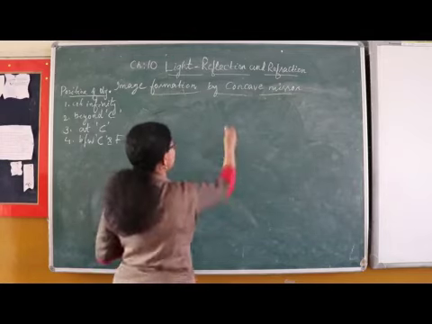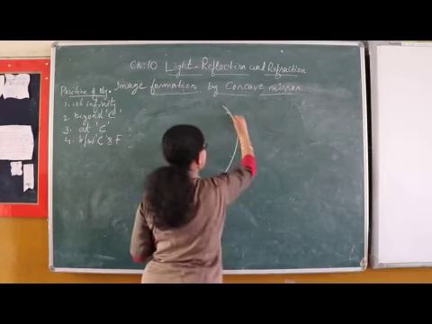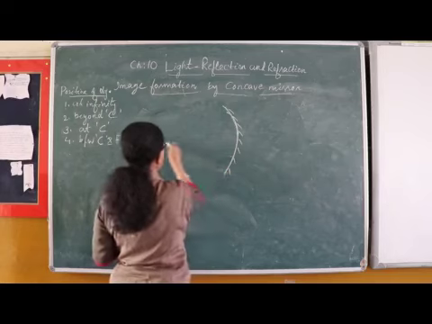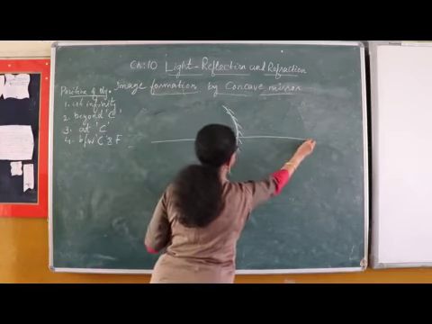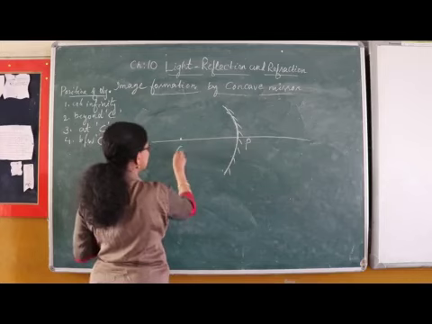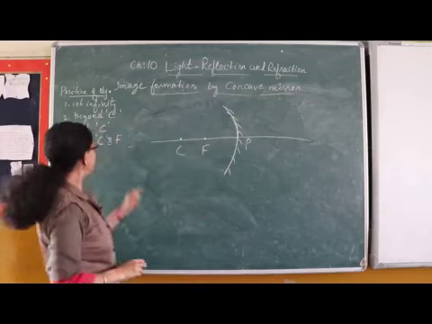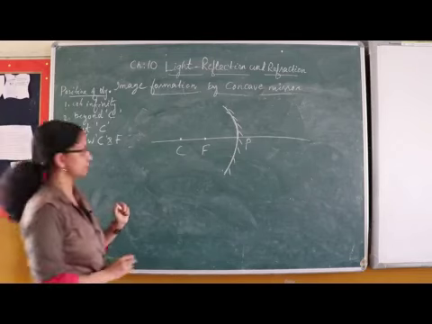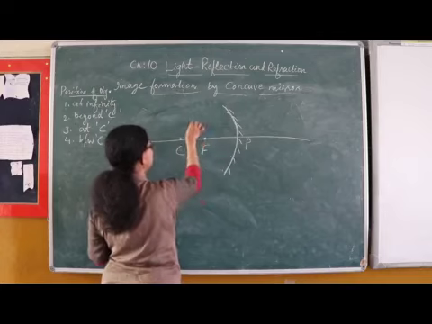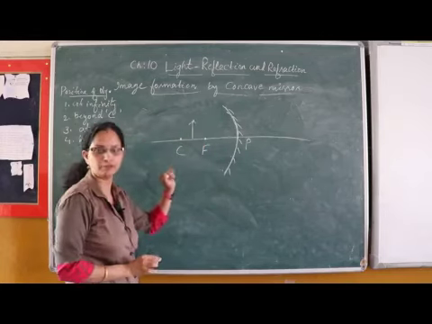Here we have a concave mirror, principal axis, P, center of curvature C and principal focus F. Here we are keeping the object between C and F, center of curvature and principal focus.